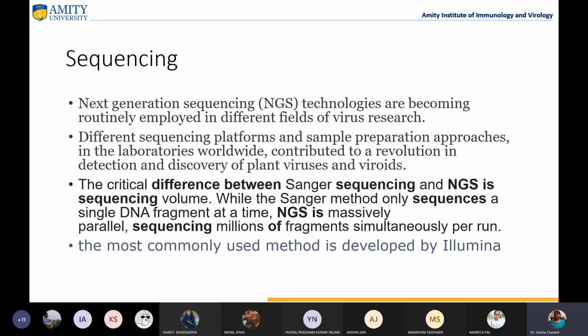Another important way of identifying viruses, new viruses or new strains of viruses, is sequencing. See, PCR gives us an indication that the virus is present, but we cannot be sure until we go for sequencing.